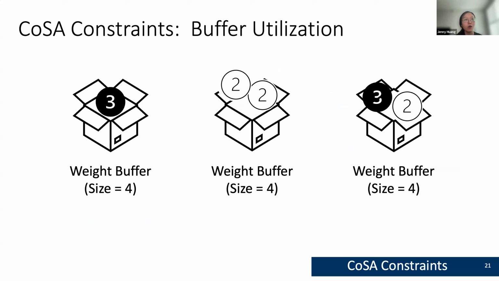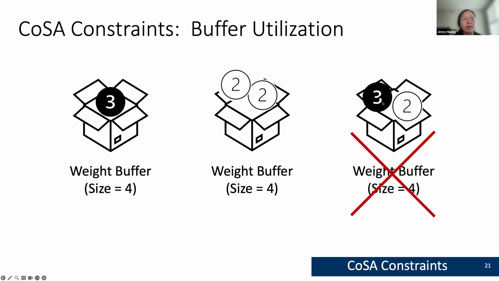So we will only search for the valid mappings in the space. The first constraint we consider is the buffer utilization, as I mentioned before. We need to make sure that our allocated prime factors' product isn't larger than the buffer's capacity.